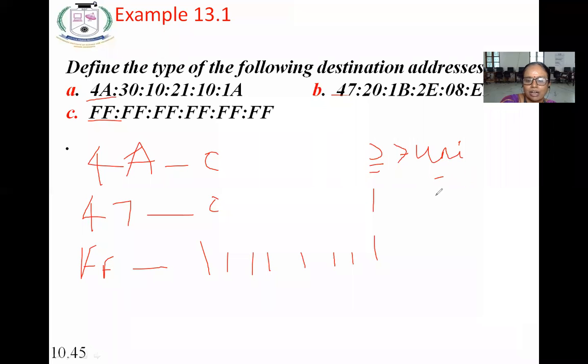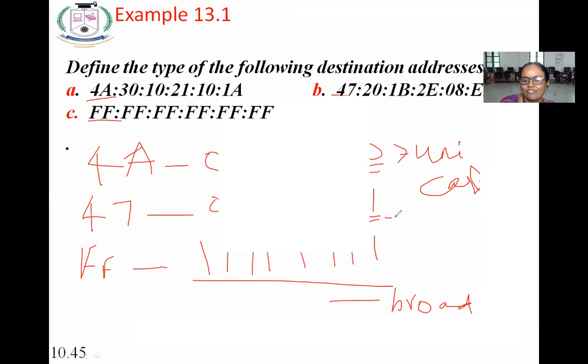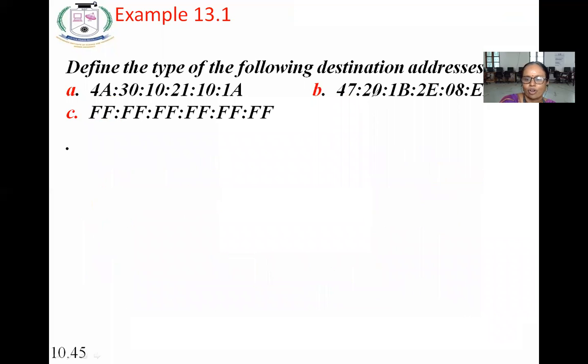Which is broadcast? Divya Darshini? B or C is broadcast. Yeah, very good. All the bits are 1, so that is broadcast. If that LSB is 1, it is a multicast. So we can identify from this. Very good, all of you.